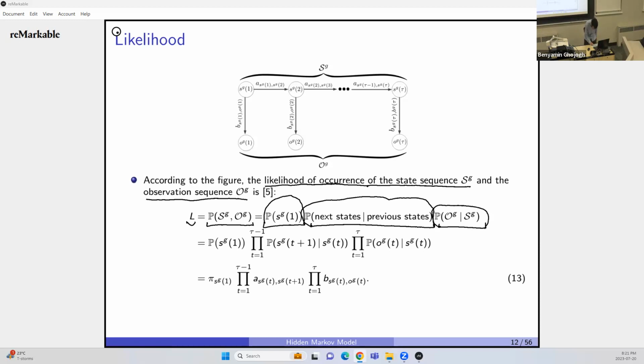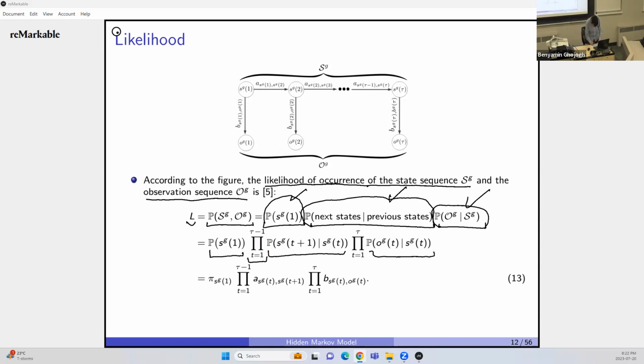Also, this is the probability of emission, whose responsibility is for matrix B. So this is the responsibility of matrix A, this is the responsibility of matrix B, and this is the responsibility of pi, right? So I can write it in this way: probability of SG1, and this is the product of all of these probabilities, probability of SGt plus 1 given SGt, because it's the probability of going from SGt to SGt plus 1. And why am I allowed to multiply them? Because they are independent of each other.